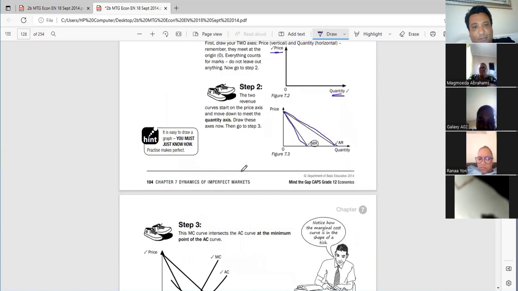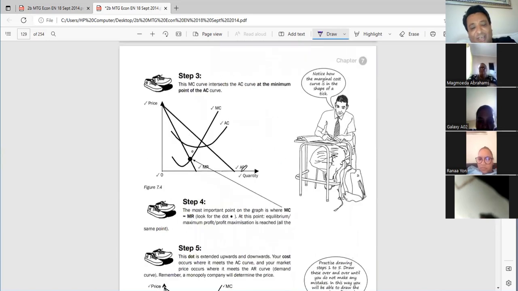Okay, so now the first thing you do, you know the Nike sign, how to do a Nike sign, right? Here's your Nike sign here. After the two lines, you do your Nike sign. So first you draw your demand curve, which is your AR.